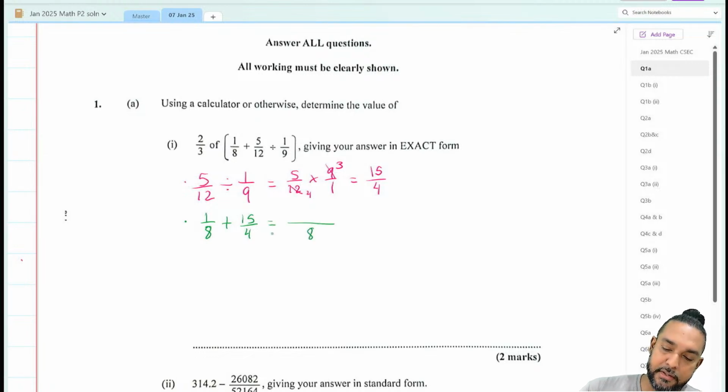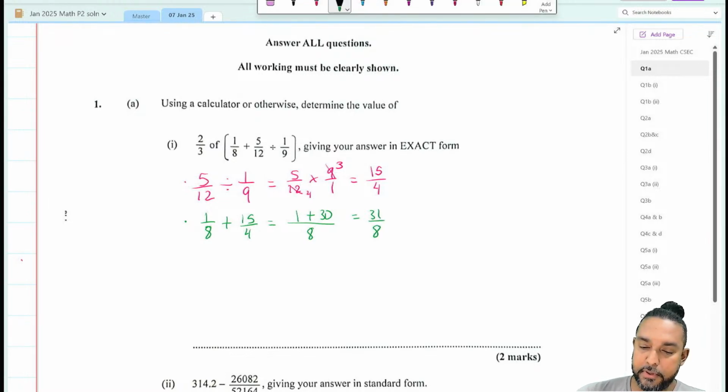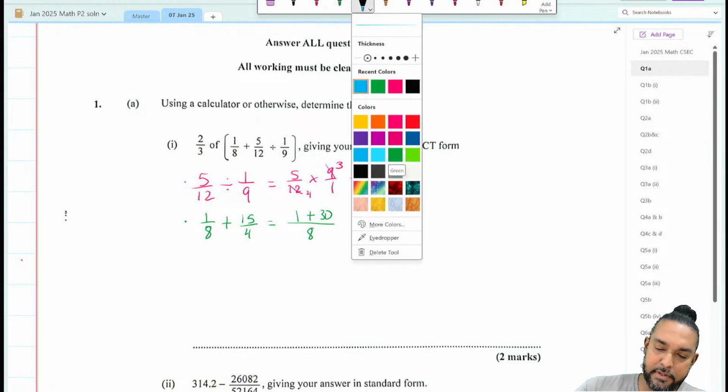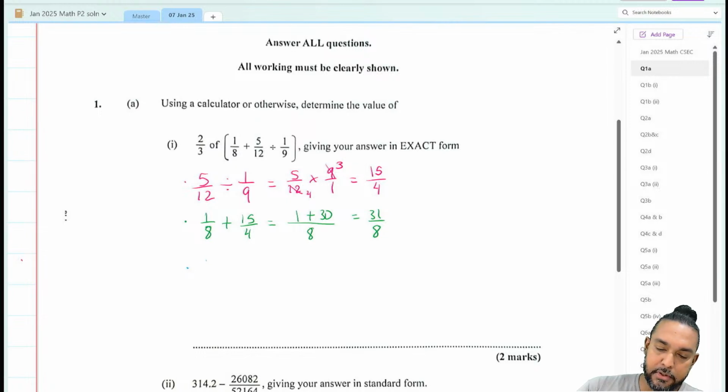So 8 into 8 goes 1 time, 1 by 1 is 1. 4 into 8 goes 2 times, 2 by 15 is 30. So we have 31 over 8. And now we have to find 2/3 of that item. So now we have to find 2/3 of 31 over 8.